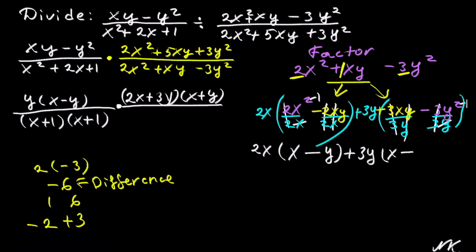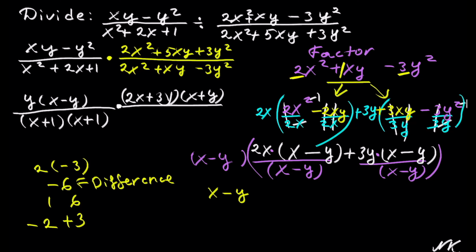So we have 2x times x minus y plus 3y times x minus y. We can factor out x minus y by dividing each term by x minus y. And whatever goes into the denominator goes on the outside, and we get x minus y that we factored out times 2x times x minus y out of x minus y.